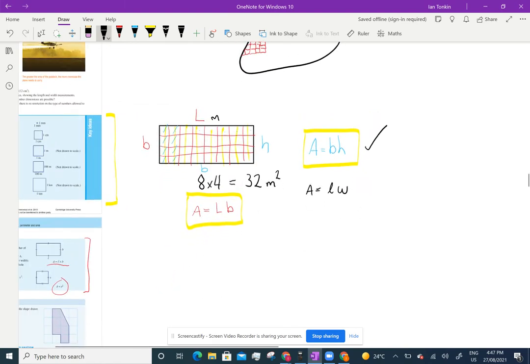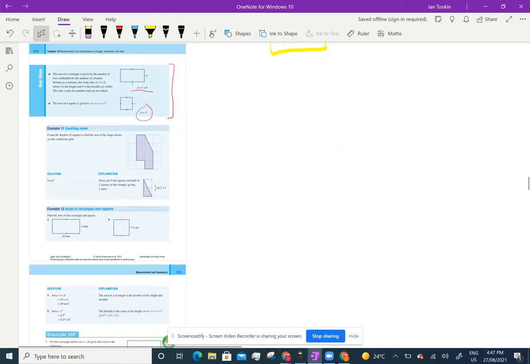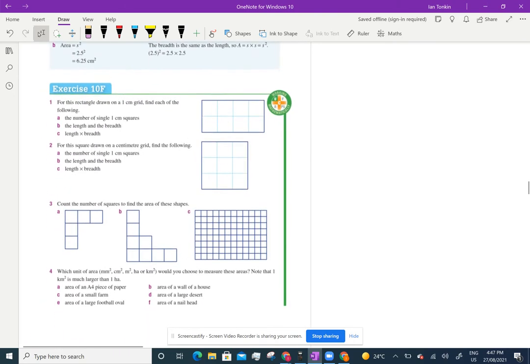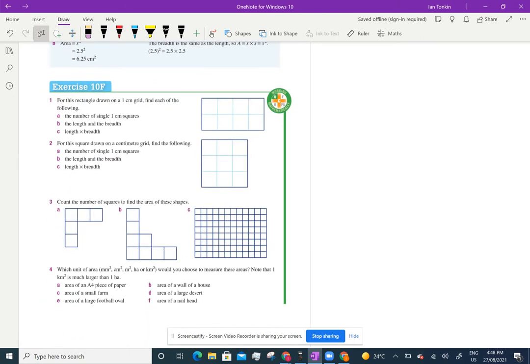So if you have a look at the work, I want you to do 3 and 4, and you can just do them verbally. You can just count the number of squares in 3. So here you go, 1, 2, 3, 4, 5. That has 5 square units. And for C, you can count the number along the top and along down the bottom and work it out. 1, 2, 3, 4, 5, 6, 7, 8, 9, 10, 11, 12.